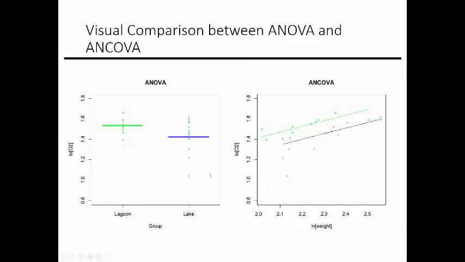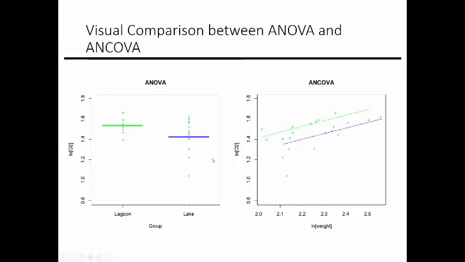If I look at this point and this point, they are the exact same point. If I look at this residual from here to the line, it's really big. If I look at this residual to its line, or its expected value, it's big relative to everything else, but it's smaller than it is in ANOVA.